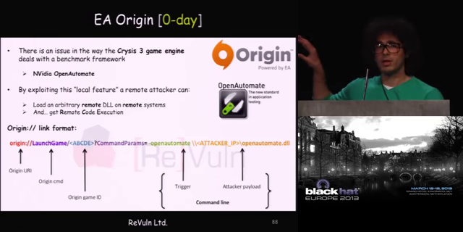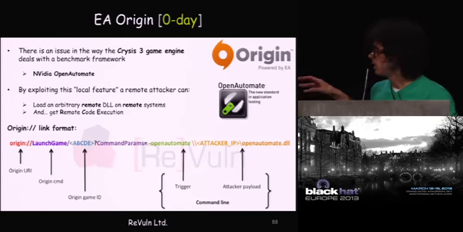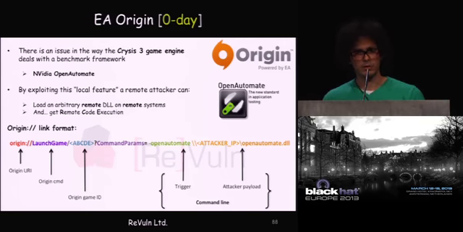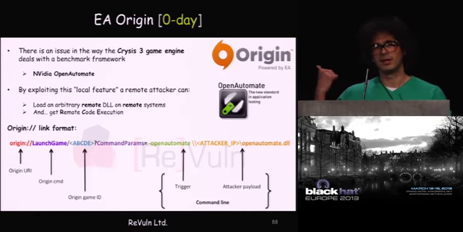There is this Open Automate option, which is used to specify a DLL, in this case an arbitrary DLL, that will act as interface for the NVIDIA Open Automate SDK, which is embedded inside the game. It's also interesting to note that Open Automate is not only used in Crysis.